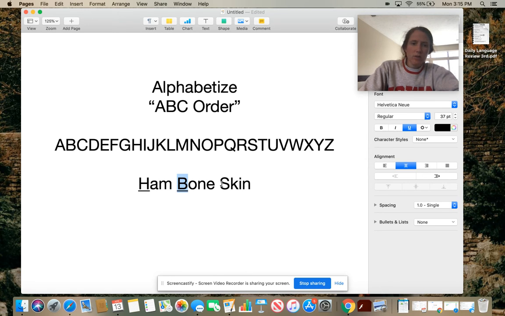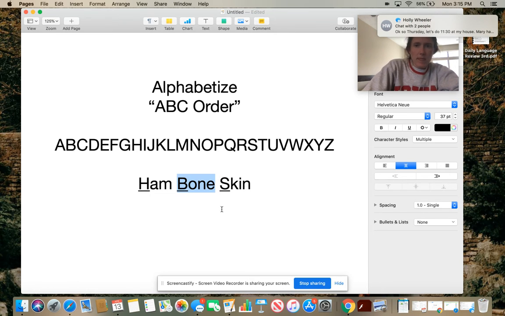So I have an H, I have a B, and I have an S. So if I look at my alphabet, the first word would be bone. So I would say bone is the first word in alphabetical order.